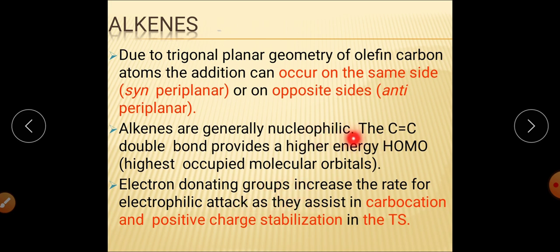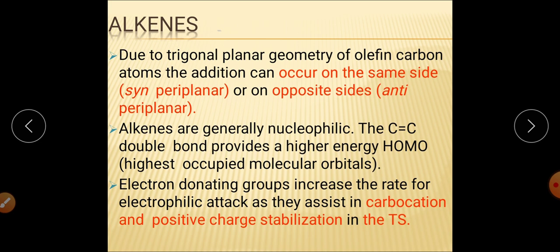So it can easily react with electrophiles because of this higher electron density between the two carbons. And if we talk about the effect of electron donating and electron withdrawing groups, we can say that if electron donating groups are attached to the doubly bonded system, it will increase the rate of the electrophilic addition reaction.